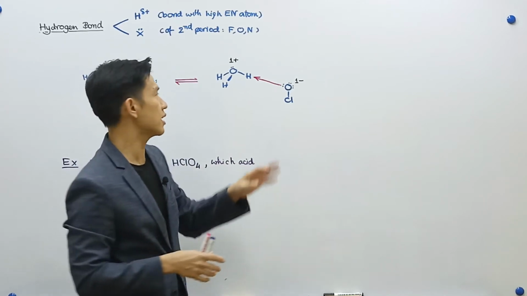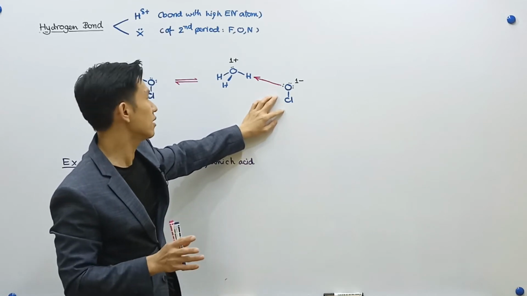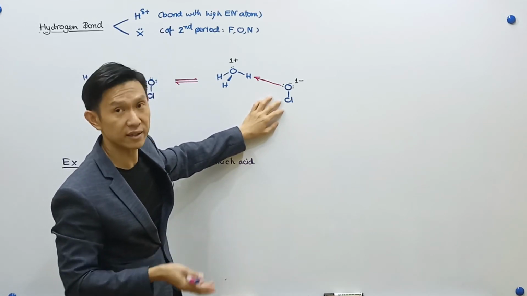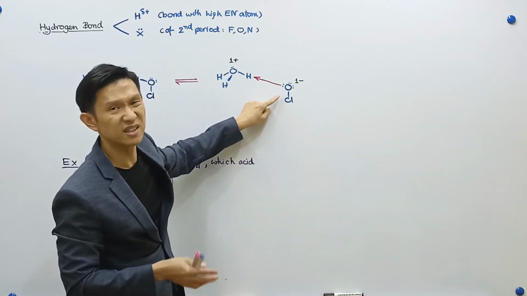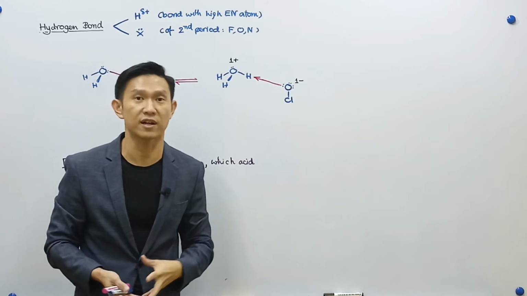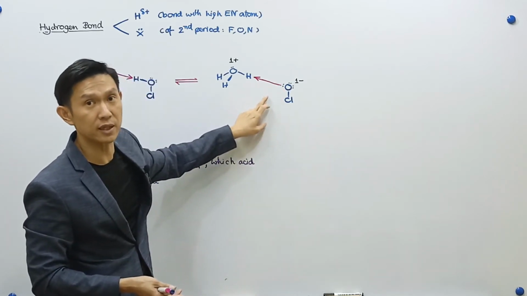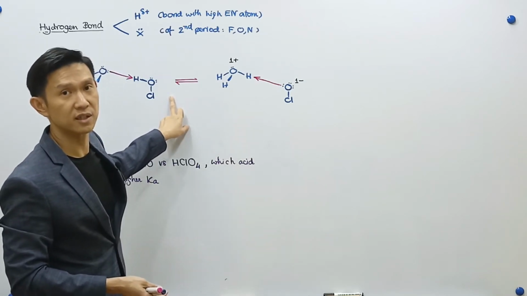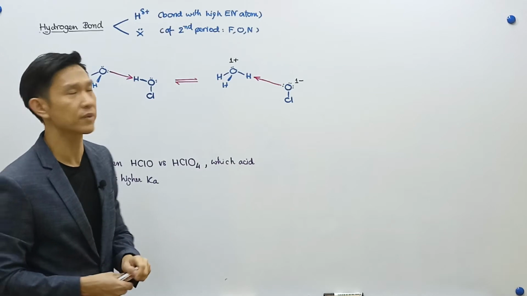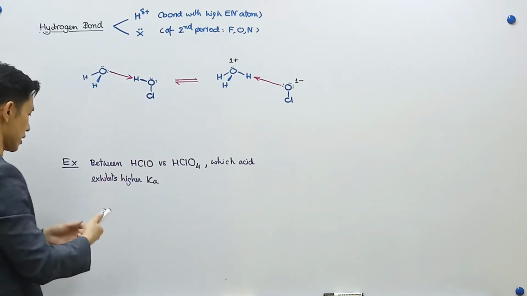Cl has lower electronegativity than oxygen, but again, Cl has higher electronegativity than hydrogen. So the negative charge of oxygen here is less than the negative charge of hydroxide. That means the interaction between negative and positive is weaker, and the reverse reaction is less than in water. So forward better than water, backward less than water.